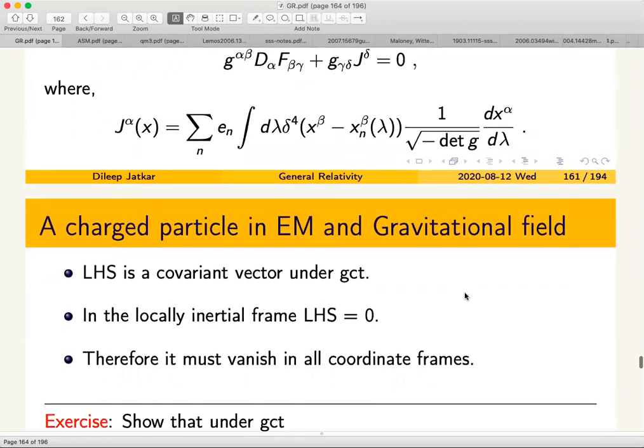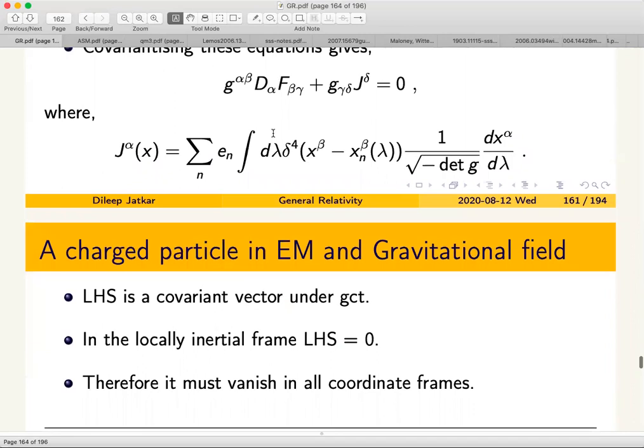So, since even in the Lorentz frame, this equation g alpha beta d alpha f beta gamma plus g gamma delta j delta was a covariant vector, therefore, if this quantity was 0 in one frame, then it will be 0 in all coordinate frames which are related to this frame by general coordinate transformation.